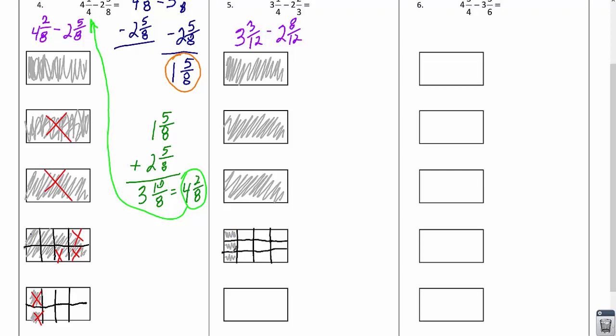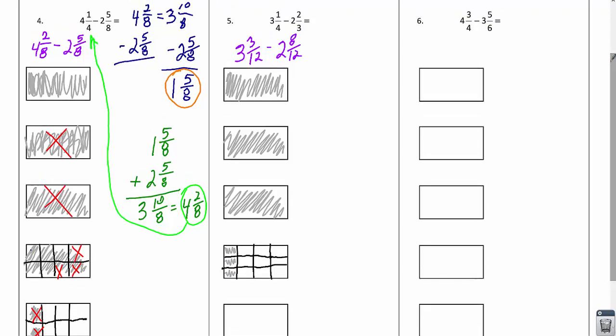And notice, when I shade them that way, you can see the original 1/4 that we had. Originally, the problem was 3 and 1/4. Well, you can see the 3 and 1/4 out of this. All right, we're trying to take away 2 and 8/12. We only have 3/12. It's time to rename.